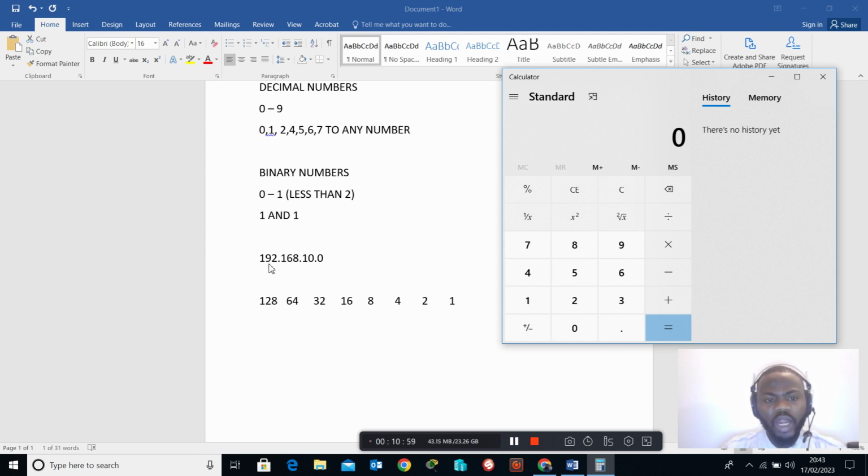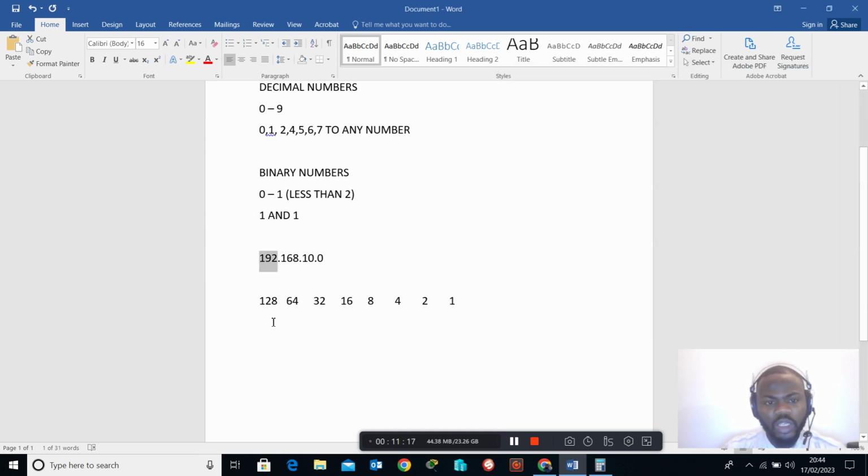Obviously, 192 is greater than 128. So let's take 128 out of 192. 192 minus 128. Since we can take 128 from 192, we are going to put 1 there, which means that bit is on.